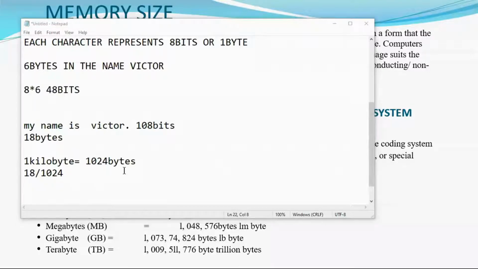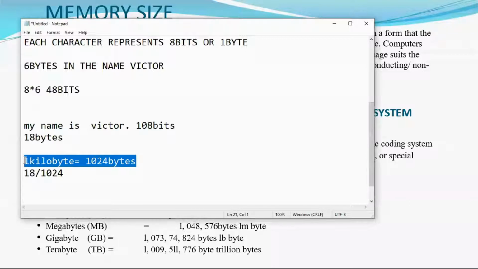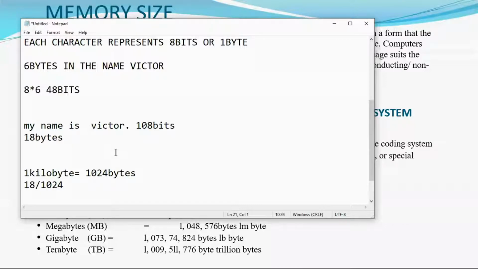I see someone asking, so the 24 came from where? It is a standard unit. I think you're asking that question because you normally think that the kilobyte is equal to 1,000 bytes, like 1 kilogram is equal to 1,000 grams. But here we are dealing with computer memory. This is the exact number of bytes, though some people just decide to use 1,000 bytes, which is not the case.